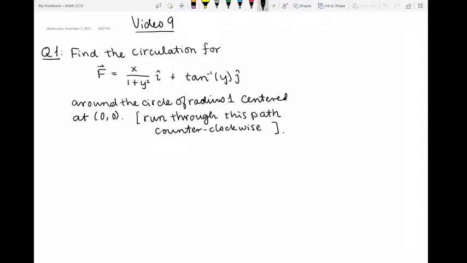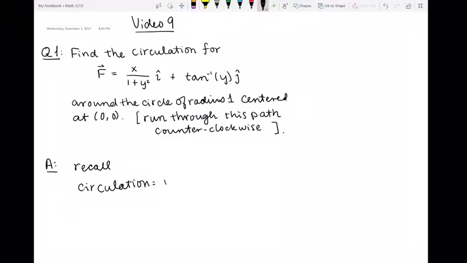All right, so first of all, let's remember what we mean by circulation. So recall, circulation is just a work line integral through some closed curve C. That's what we mean by circulation.